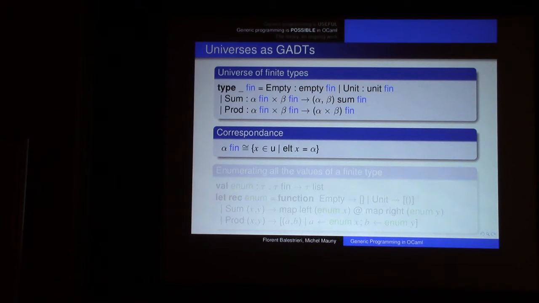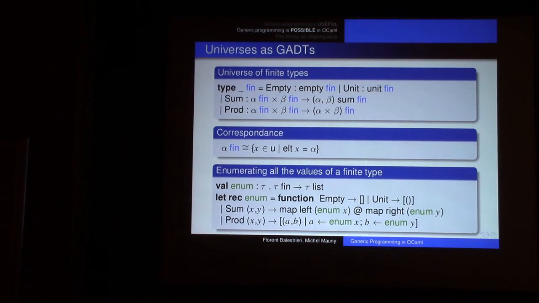So GADT allows us to fix the index for each different constructor, and the previous generic function is implemented like this in OCaml, so this is valid code. The pattern matching on the constructors of GADT fixes the index so that the right-hand side of each equation type checks.